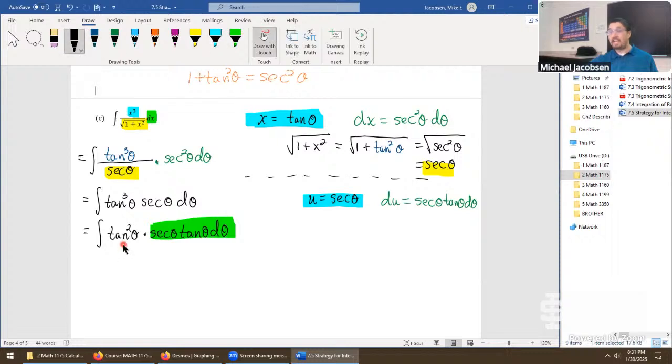So we go and grab tangent squared theta. It's much like doing the square root portion on the first substitution. Tangent squared theta by identity is secant squared theta minus 1. But then our same U substitution enters into the picture, so we have U squared minus 1. So all of this right here is that.